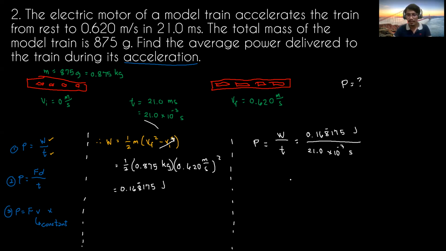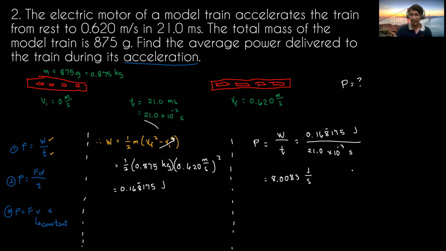Remember to use the standard units. Divided by 21.0 times 10 to the power of negative 3, that will give us 8.0083 joules per second.